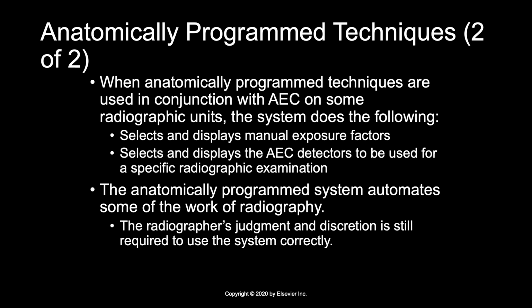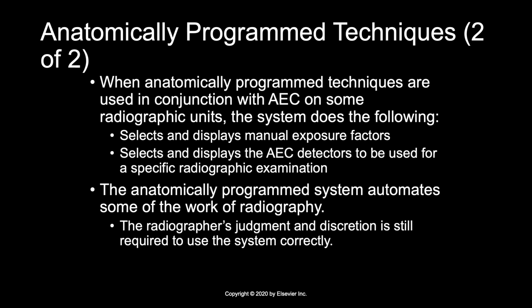But when anatomically programmed techniques are used in conjunction with the AEC, the system not only selects and displays the manual exposure factors, the kV, the mA, and the seconds, but also displays the AEC detectors to be used for each examination. For example, if we press lungs PA or chest PA, it's always going to be different on each equipment that you use.